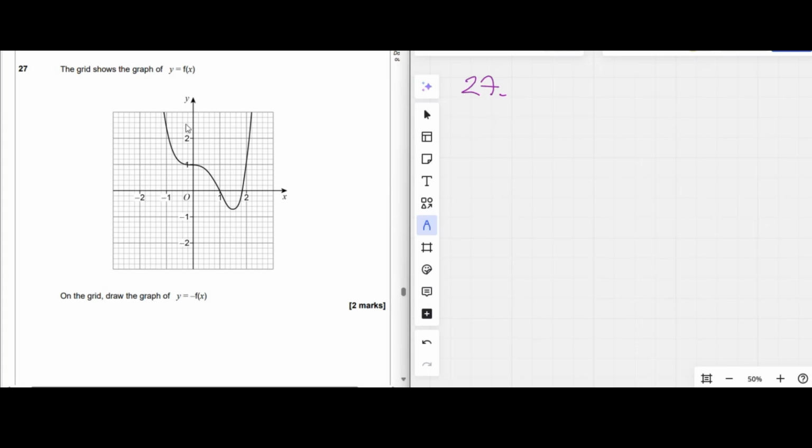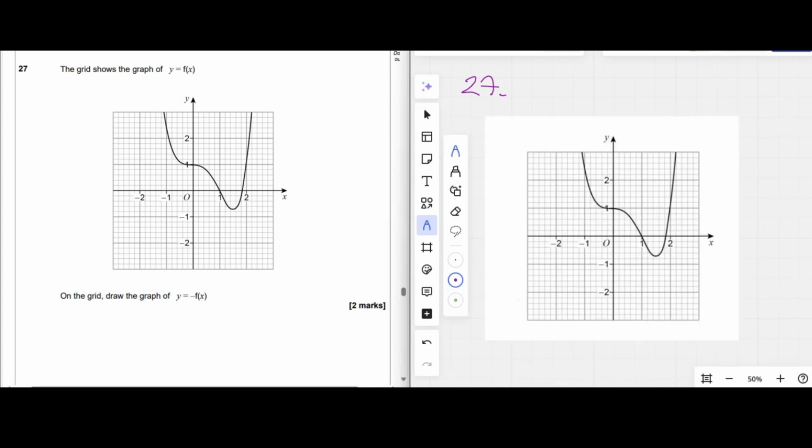27. The graph shows some funny function. On the grid, draw minus f of x, which is the symmetry around the OX axis.